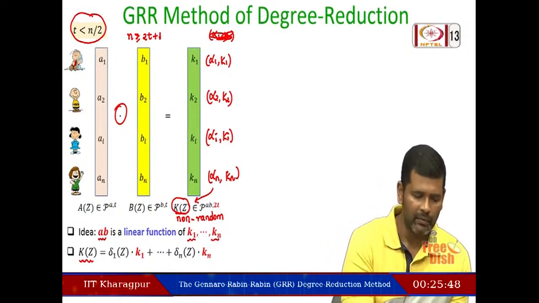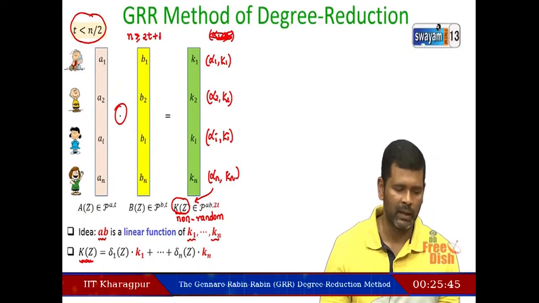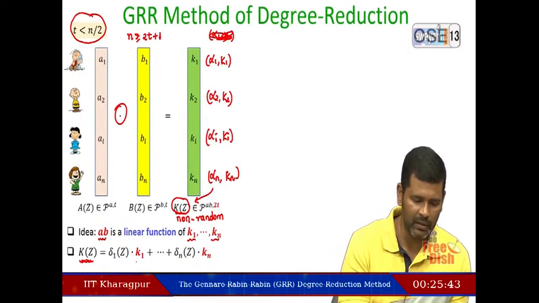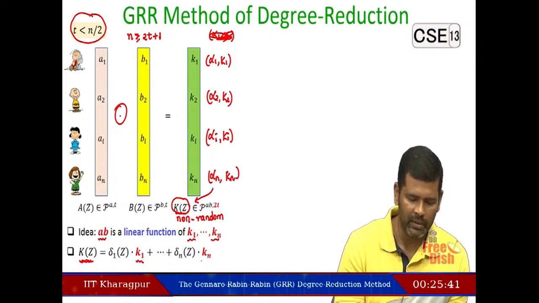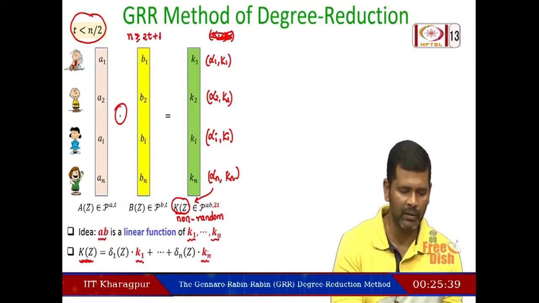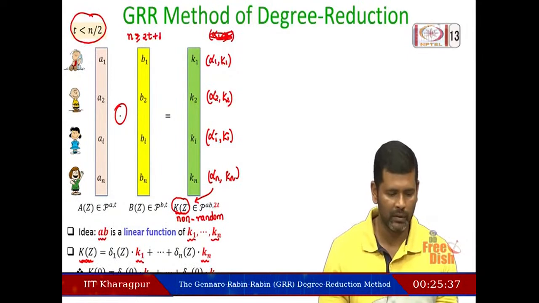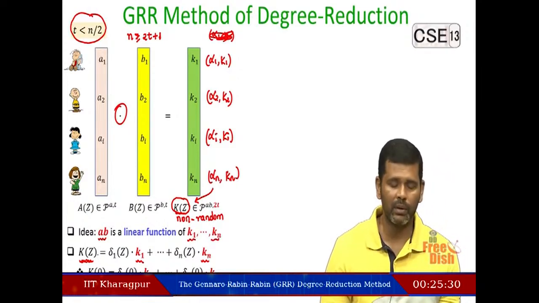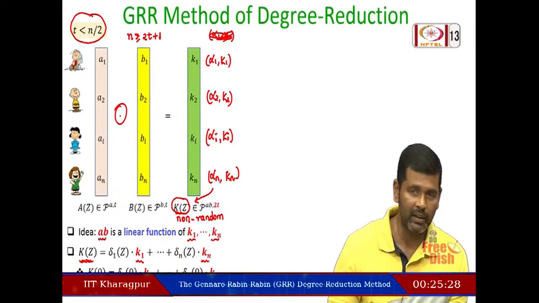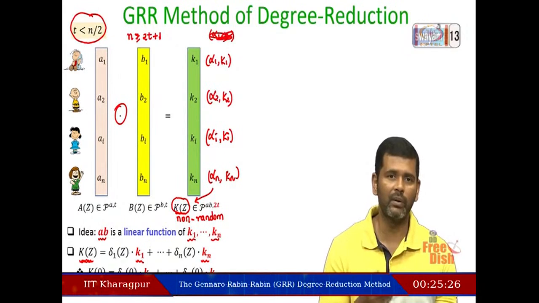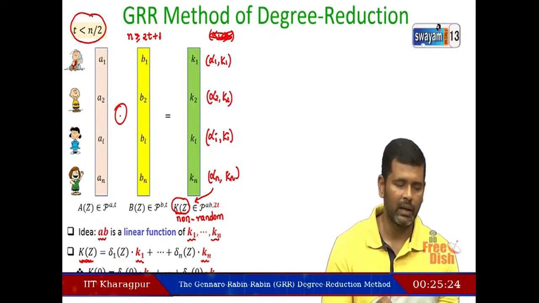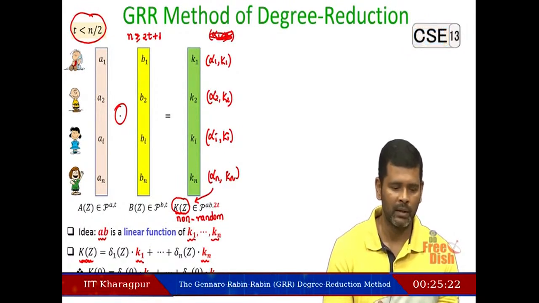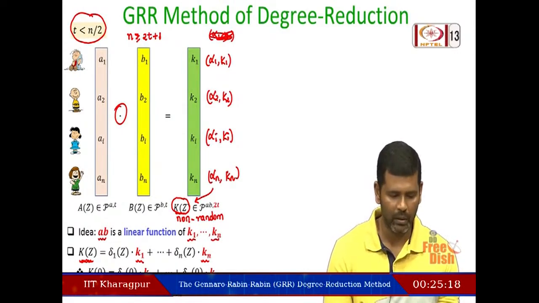Okay. And we know the k polynomial can be expressed in terms of the distinct points on it using the delta polynomials. By substituting z equal to 0, I obtain the following relationship: k of 0 is delta 1 of 0 times k1, plus delta 2 of 0 times k2, up to delta n of 0 times kn.